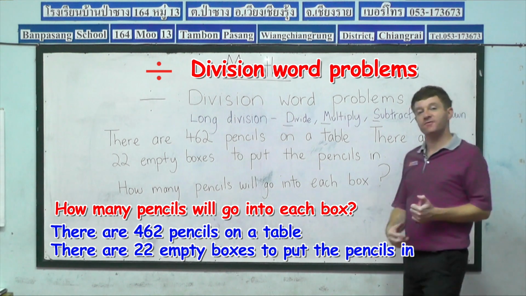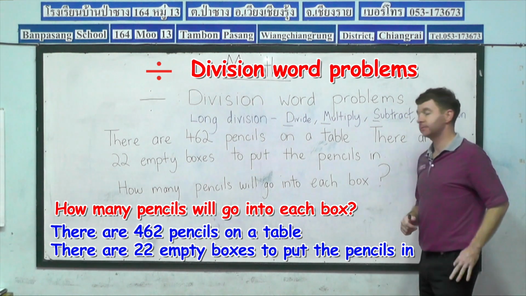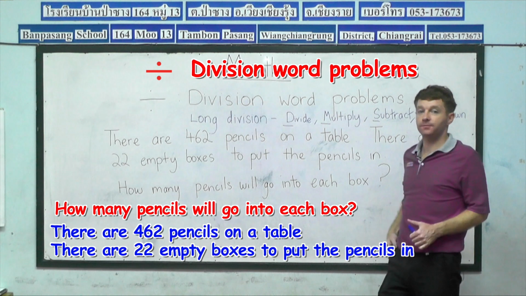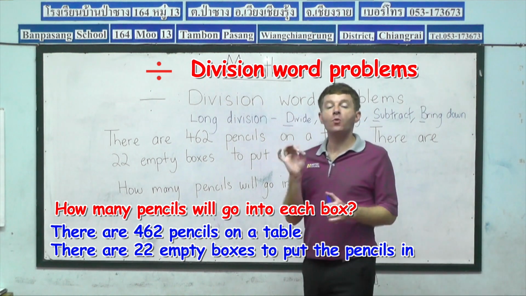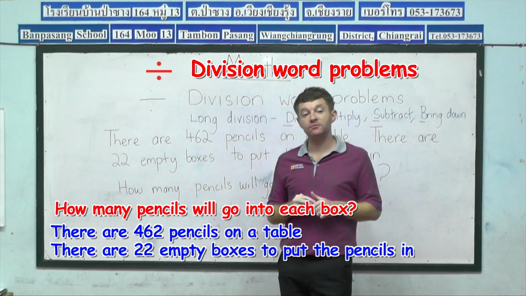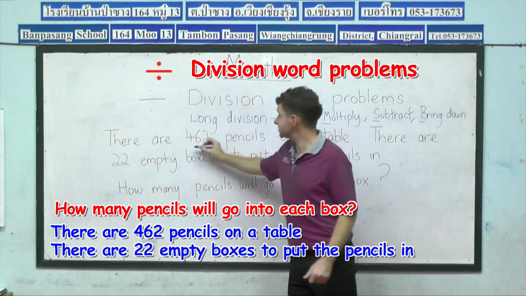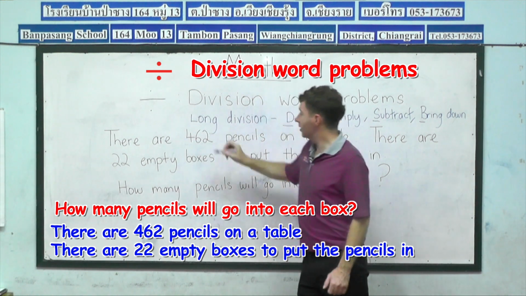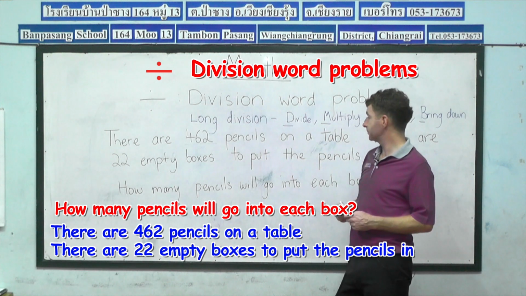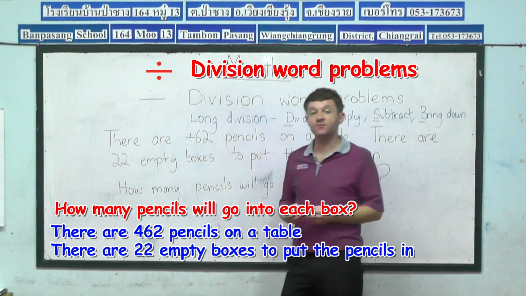So what we need to find out, how many pencils will go into each box. And remember, we need to carefully read our word problems and identify the numbers for calculation. So our first number is here, 462. And then our second number here, 22.